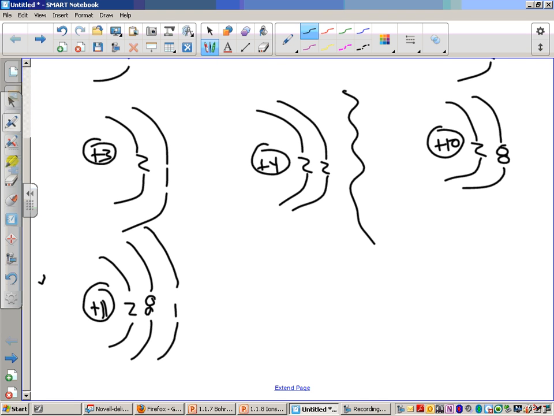So go ahead, fill in the rest of the Bohr diagrams, and then at the bottom of the page there's a handful of short questions, compare the number of orbits and so on. Just answer those and we'll take them up in a moment.